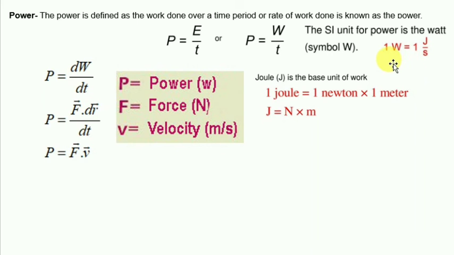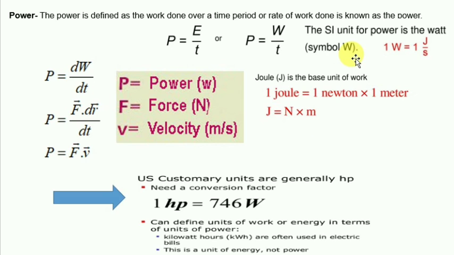So the SI unit of power is watt. Now in most questions you will see this unit in terms of horsepower. So 1 HP equals 746 watt. US customary units are generally expressed in HP, so you need this conversion factor to solve any problem.